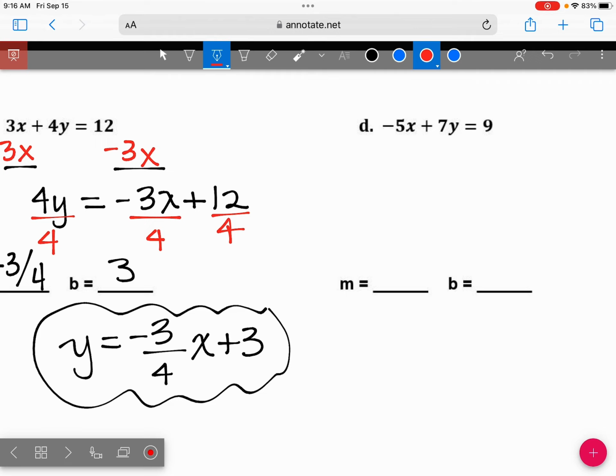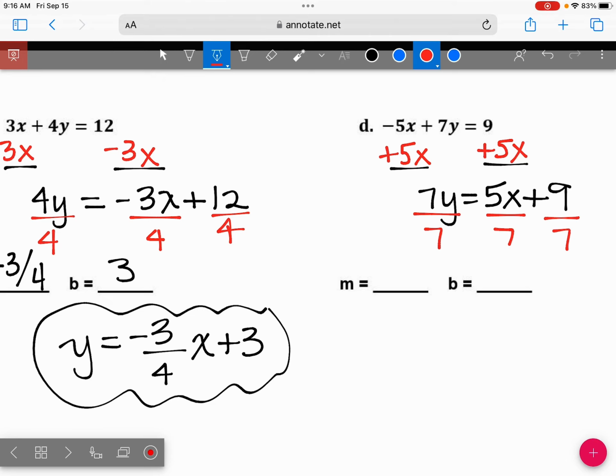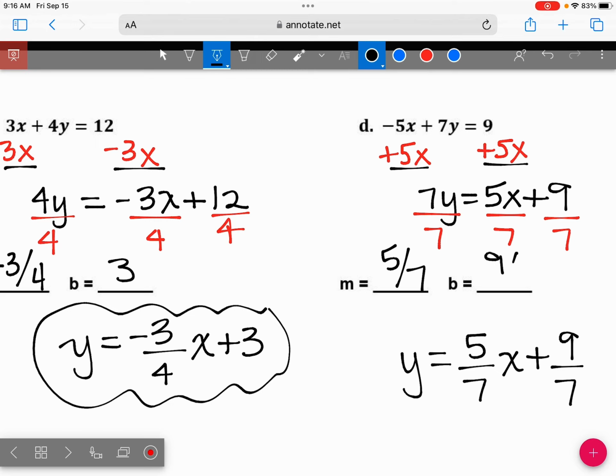What did you do first? Add 5x. Good job. So 7y equals 5x plus 9. And now you're going to divide everything by 7. So you get y equals 5/7 x plus 9/7. So your slope is 5/7 and your y-intercept is 9/7. You could also convert that to decimals, but I'm just leaving them as fractions. But I would take a fraction or a decimal.